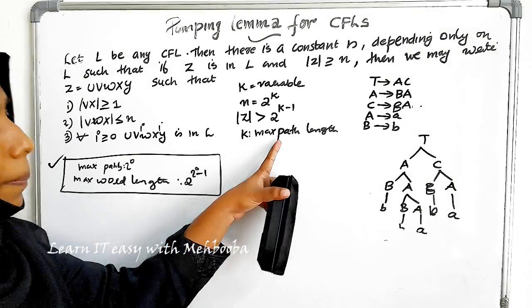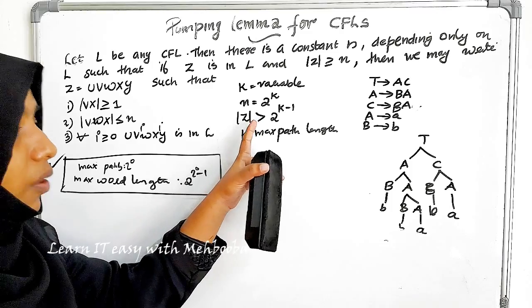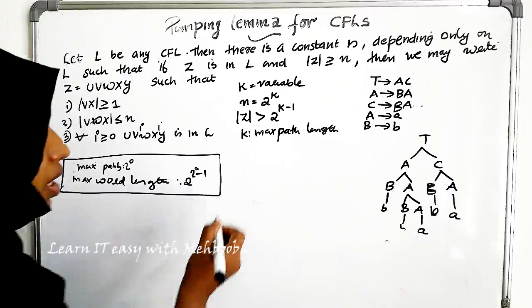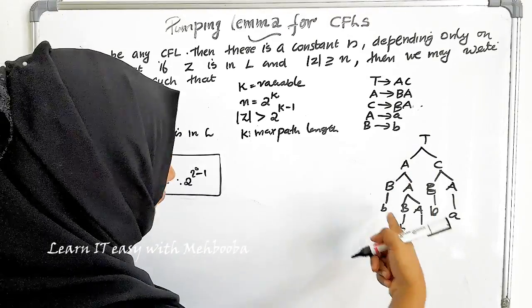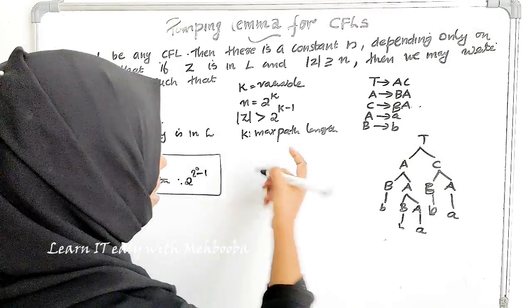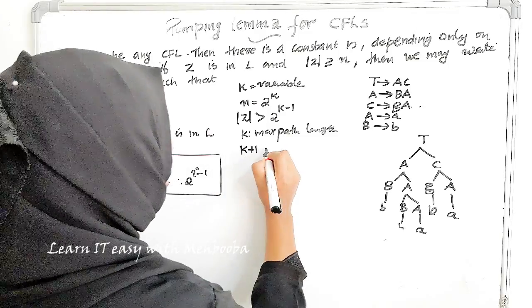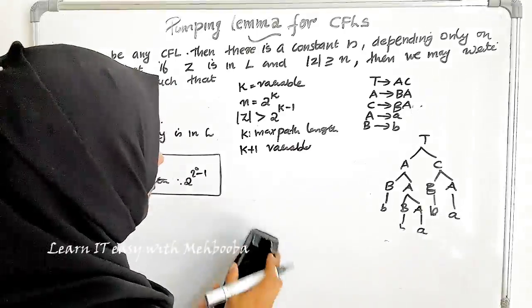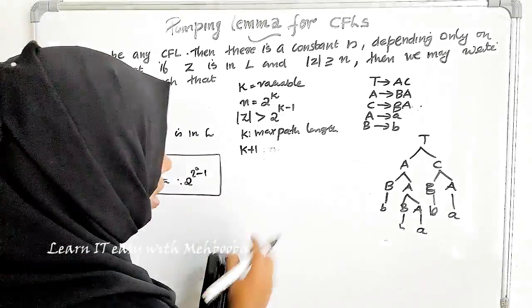The maximum path length should be k, then only the word z will have a minimum length of 2 raised to k minus 1. See, if the path length is k, that means k plus 1 vertices will be there in a path.